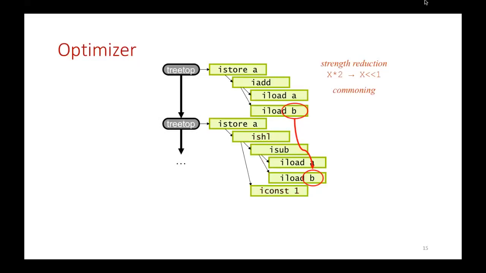And then a very, very frequent optimization that occurs in this code is something called commoning, which is like a common subexpression elimination optimization. What that means here in the context of these trees is that we can see that we've got two integer loads of some variable, and we don't necessarily need to do this thing twice, right? We only really need to perform this operation once.